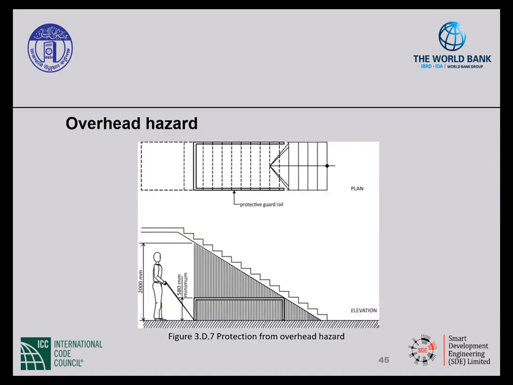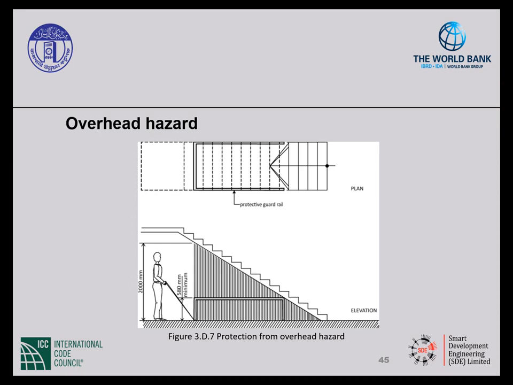So we talked about protruding objects as being an overhead hazard, but what if the protruding object or the hazard is a part of the building itself? So let's take the picture on the screen, which is an open stair where there's an opening underneath. As the stair run comes down to the main level, the headroom clearance will decrease and decrease.